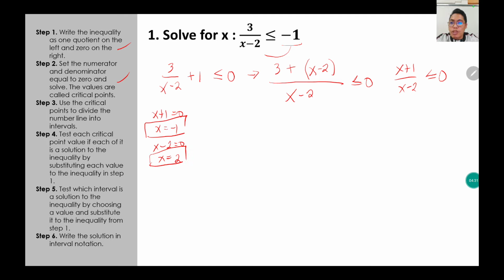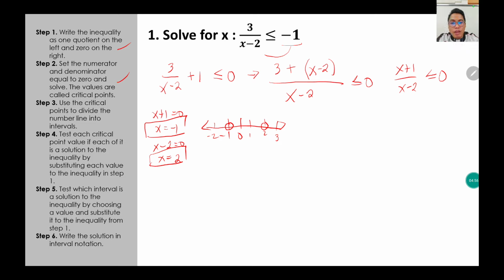So we will use these critical points to divide the number line into intervals. So we will plot them on the number line. So we have negative 1 and 2, so pwede na natin gamitin yung 0 sa gitna, negative 1 dito, negative 2 dyan, and then we have positive 1, positive 2, positive 3. So, ito yung ating dalawang point, positive 2 and negative 1.